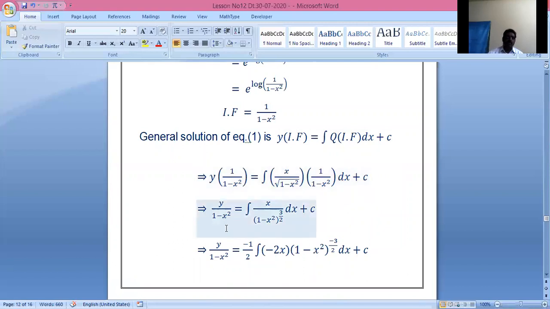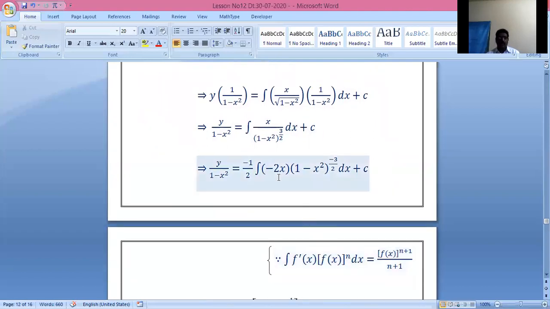That implies y by 1 minus x square is equal to integration of x by, here 1 minus x square into root 1 minus x square is 1 minus x square to the power of 3 by 2, dx plus c. That implies y by 1 minus x square is equal to, this integrand can be written as minus 1 by 2 into minus 2x into 1 minus x square to the power of minus 3 by 2 dx plus c.